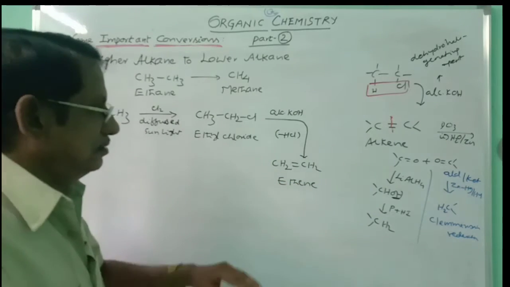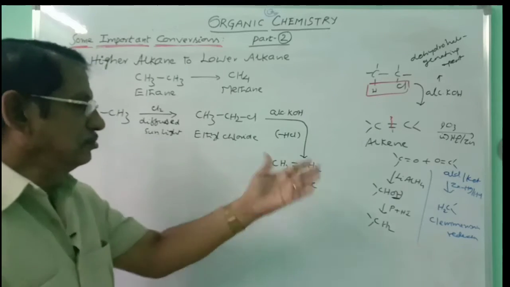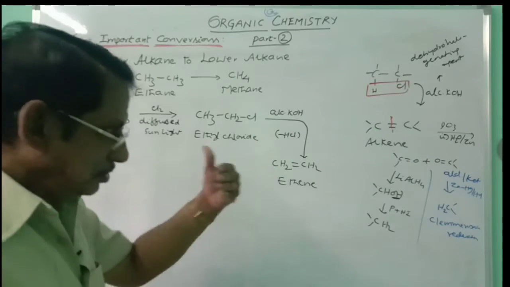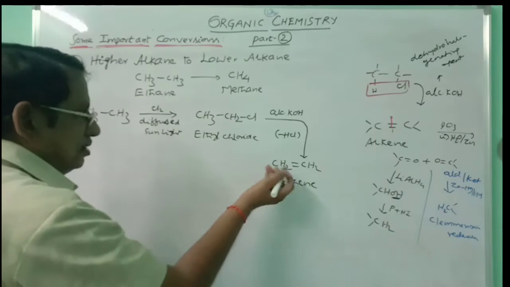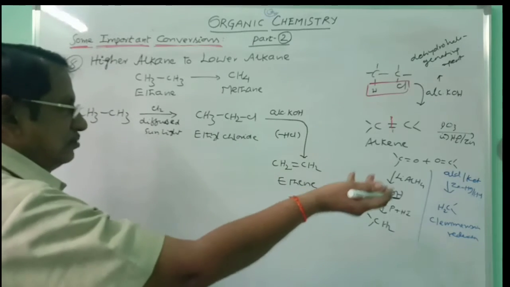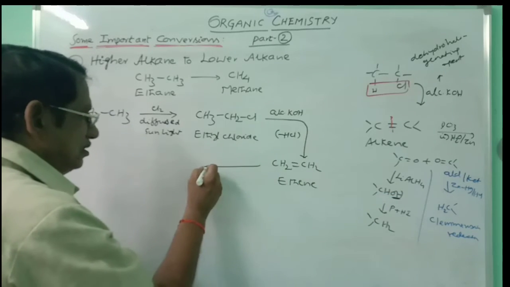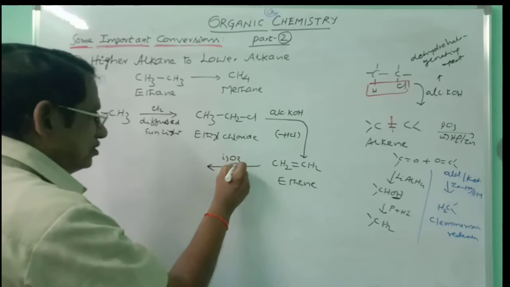After getting ethene, you have to remove one carbon. You have to reduce the number of carbons by one. Already two carbons are there, one can be removed as formaldehyde. And so here, this is subjected to ozonolysis.